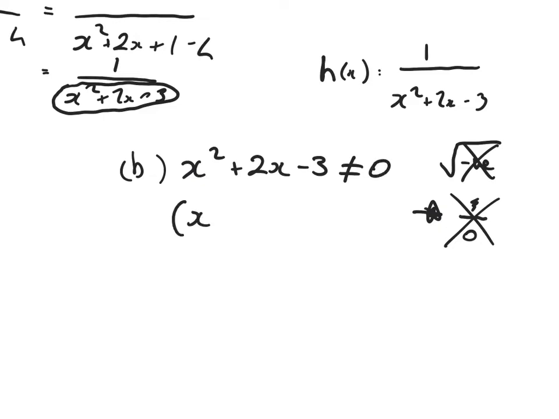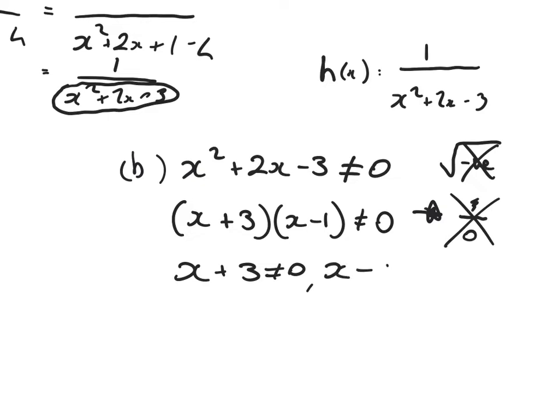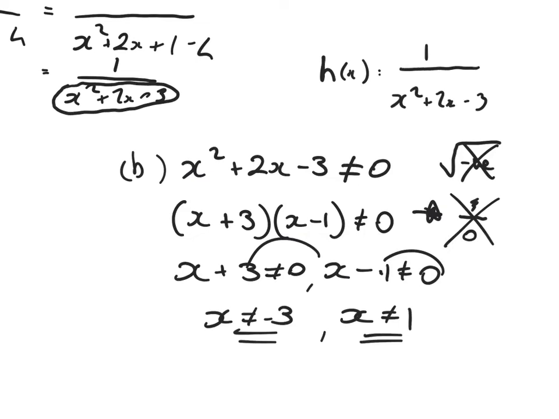So if we then factorise that, two numbers that multiply give minus 3, add together give 2 is x plus 3, x minus 1 cannot be 0. So x plus 3 cannot be 0, x minus 1 cannot be 0, which means x cannot be minus 3 and x cannot be 1. Those are the restrictions on the domain. Now, by implication, all other real numbers except 1 and minus 3 are absolutely fine, so they would be suitable for the domain. So the restrictions are minus 3 and 1.